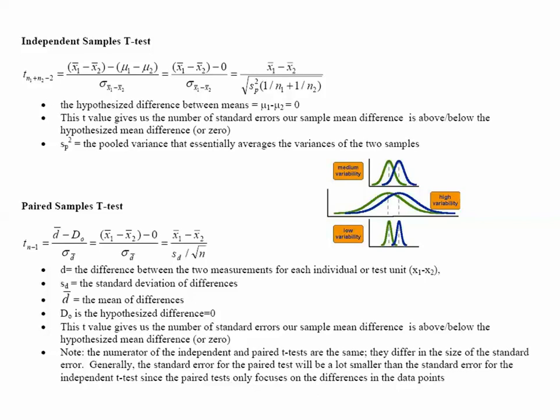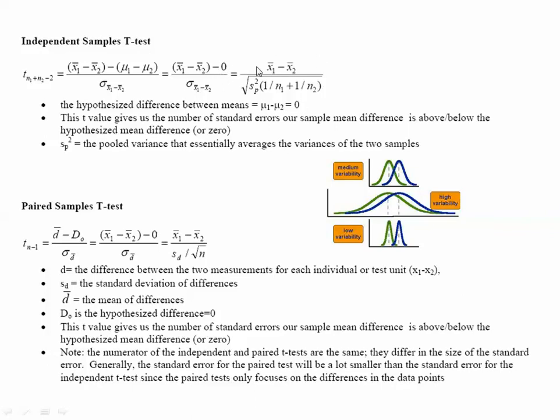So in an independent t-test, we would really be asking the question of the sample minus the sample, hypothesis minus the hypothesis, but our initial null hypothesis is that the population means are equal. So that becomes 0.